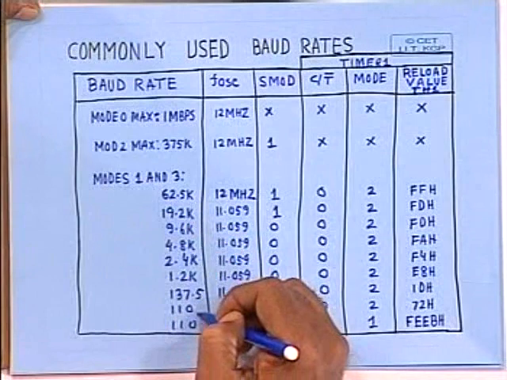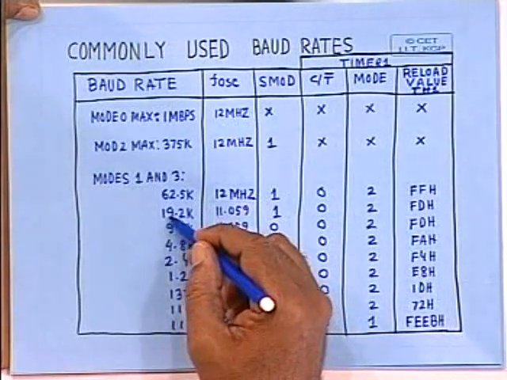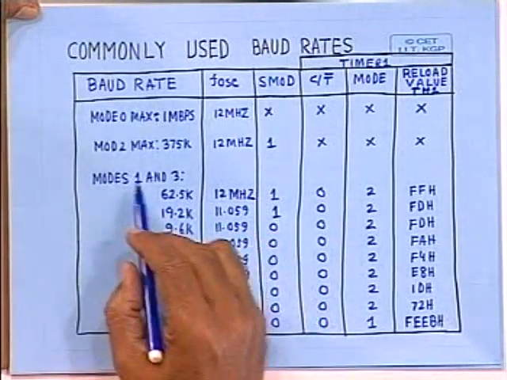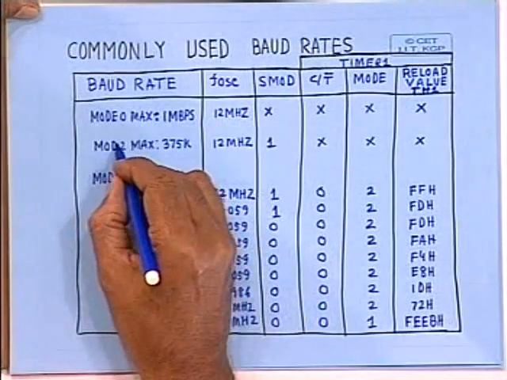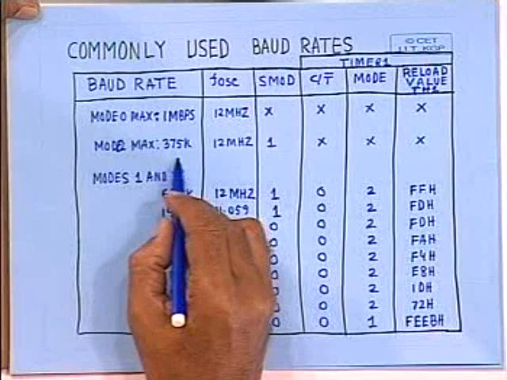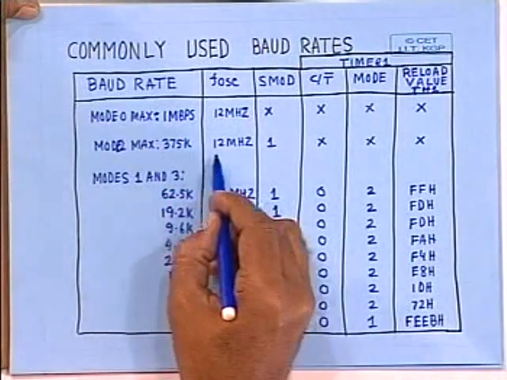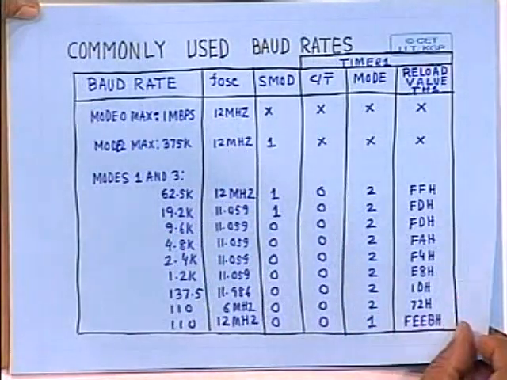So in mode 3 you get variable baud rates, which are programmable by programming timer 1, and on the other hand mode 2 uses the fixed baud rate, that is 375 kilobits per second when the clock frequency is 12 megahertz. That is the key difference.